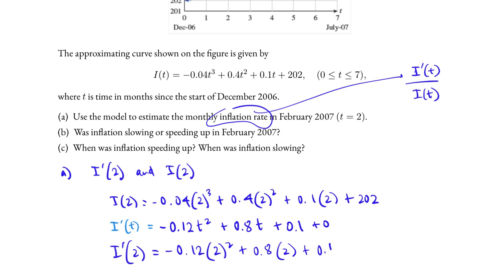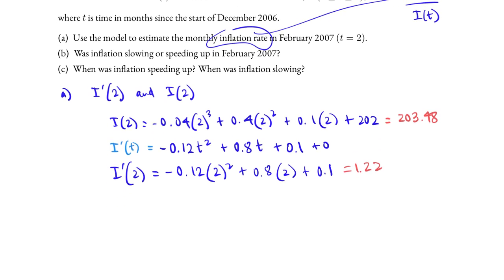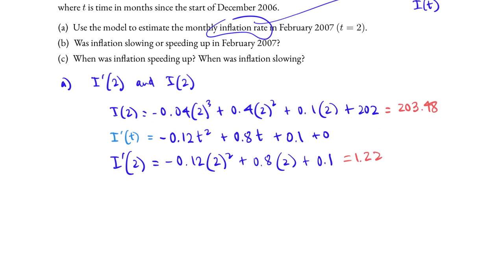We then plug these two expressions into a calculator to find out what each of these values will be. For I(2), we'll get 203.48. And for I'(2), we'll get 1.22. The ratio of these two quantities will give us the inflation rate.